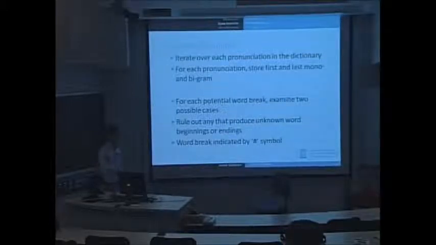We're going to, again, build up our database of 1 and 2 grams that can start and end words. And for every potential word break that we inserted in the first step, we're going to examine the 2 possible cases. And anything that we deem invalid, we're going to rule out. And we're going to indicate a word break with the hash symbol, the pound symbol. And then in the dictionary lookup stage, we take a chunk between word break symbols, and we examine all possible segmentations of it.